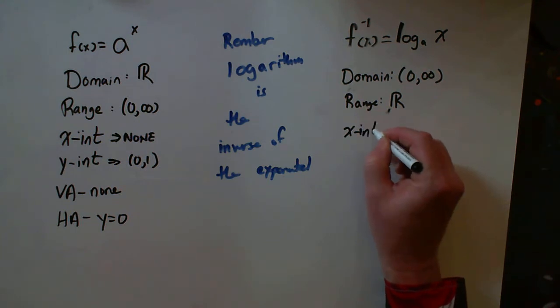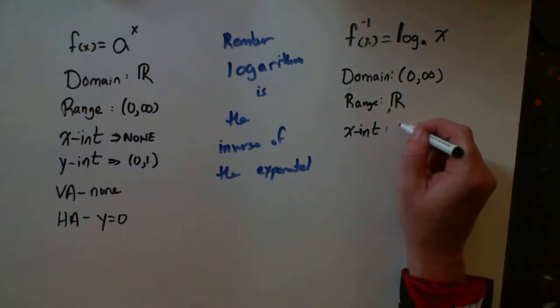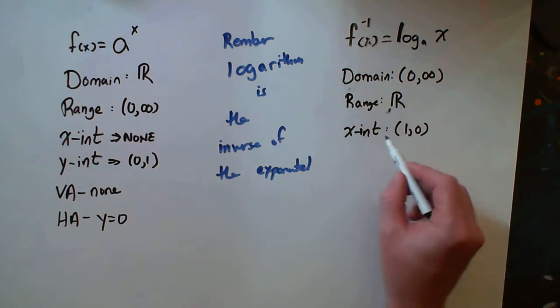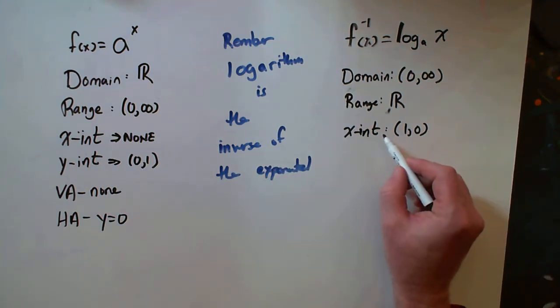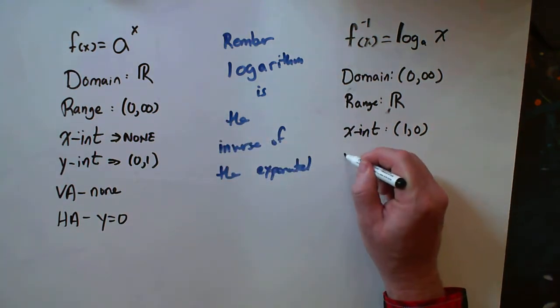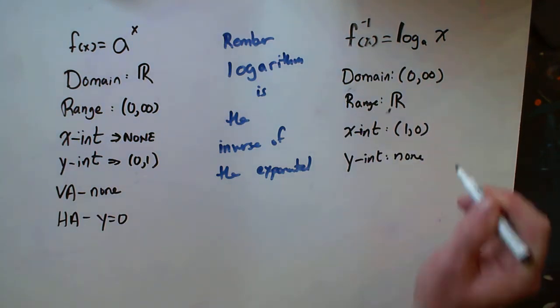Since I had a y-intercept of (0, 1), I now have an x-intercept of (1, 0). Since I had no x-intercept, now I have no y-intercept.